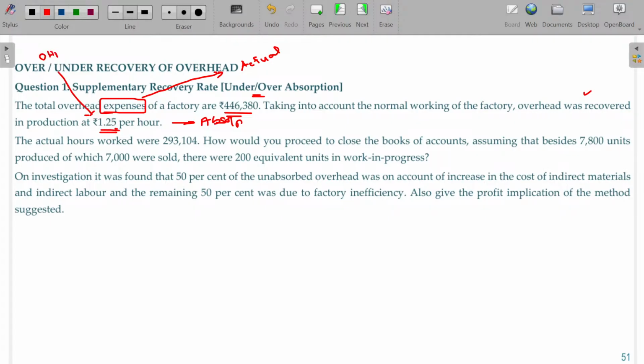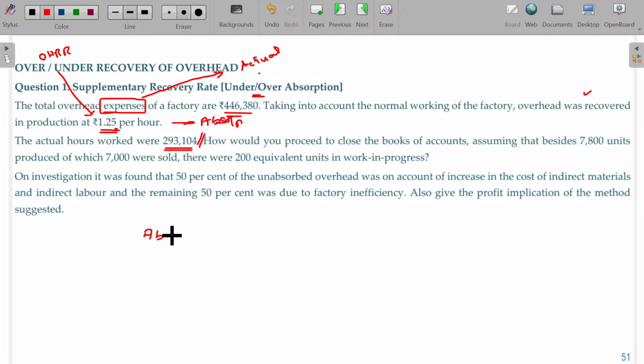Using this overhead recovery rate, the amount already absorbed is compared with the actual to find out whether there is any under or over absorption. The actual hours worked being 2,93,104. How would you proceed to close the books of accounts?